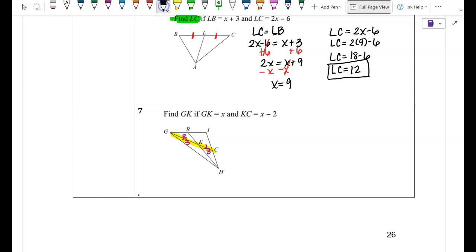So again, this is where we have to know that 2 of the KCs would be needed to equal 1 of the GKs. Because of that 2/3, 1/3 relationship, I would have to double KC to equal GK. So 2 times the quantity x minus 2 equals x.